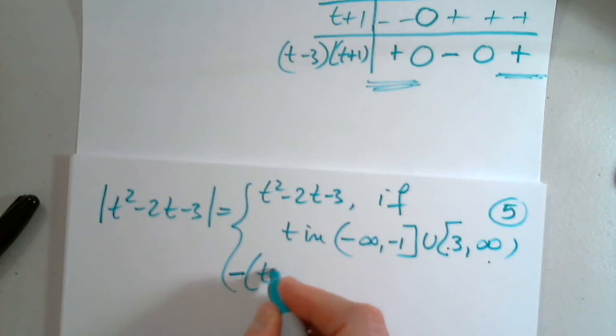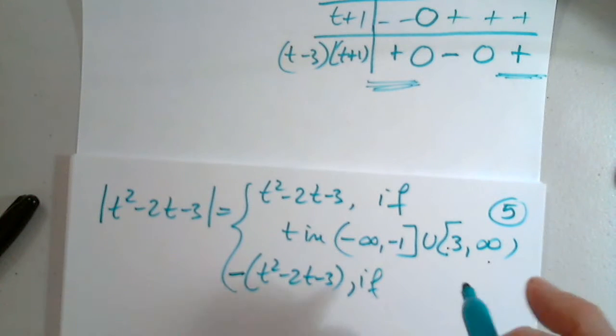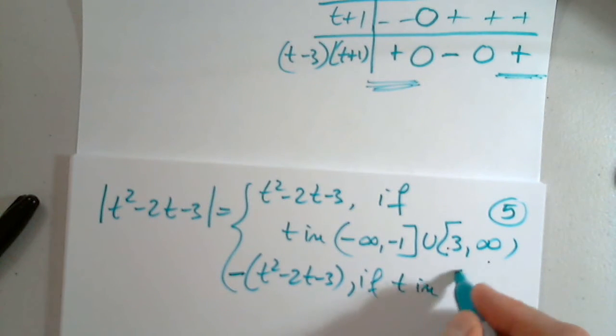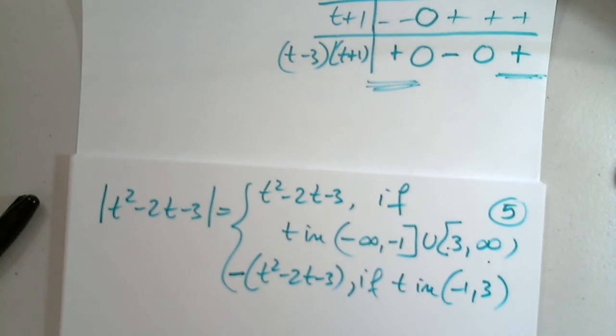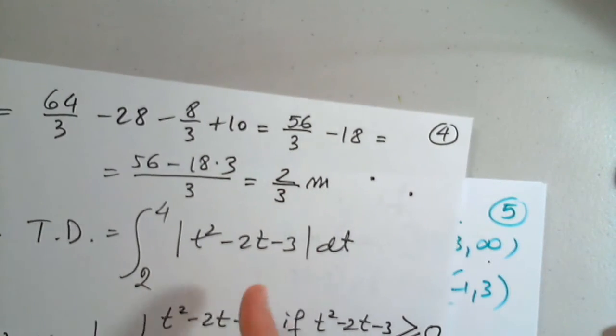And it's the opposite of t squared minus 2t minus 3 if t is in the interval negative 1 to 3. Whatever is not here, it will be here. No question.